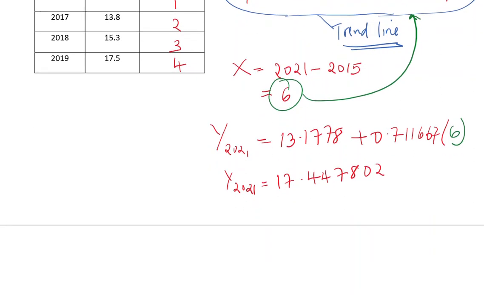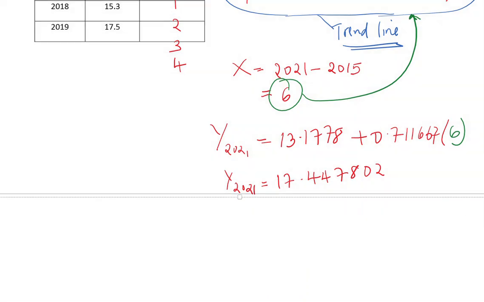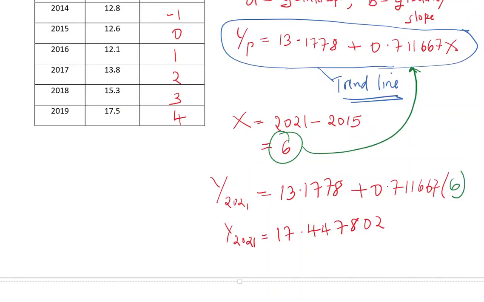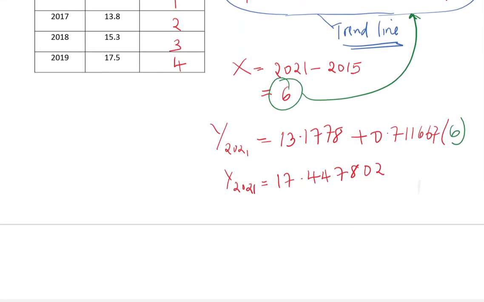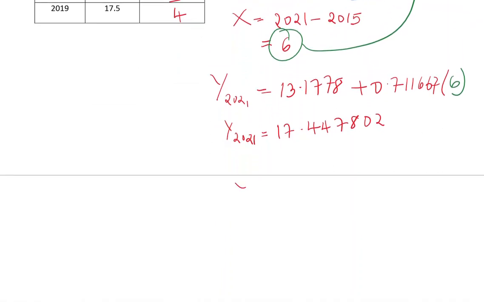Now, this one you can write in 4 significant figures. That gives you y 2021 equals 17.45, and they were in millions.